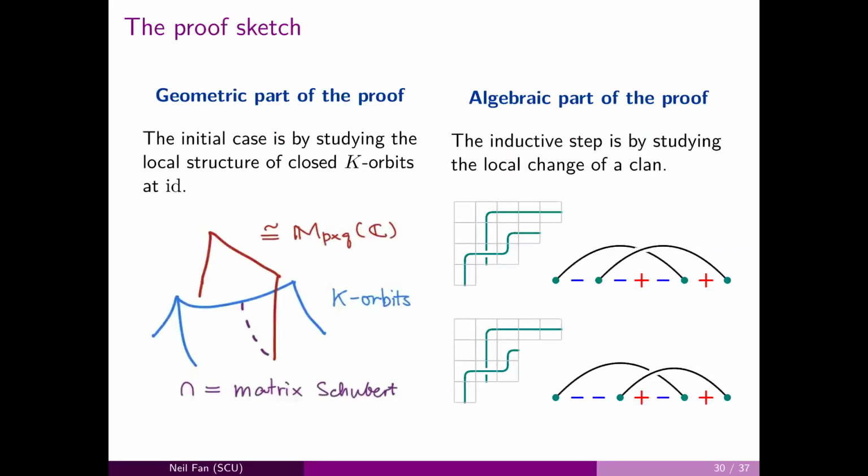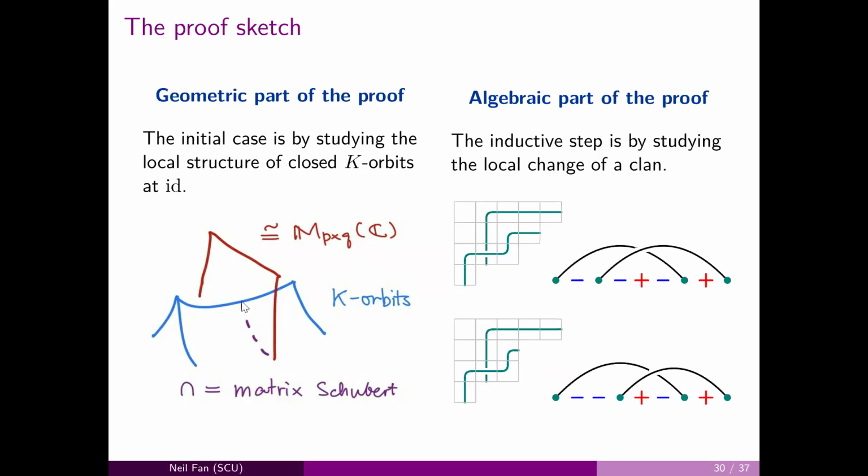So here is the sketch of the proof. The proof is by induction. The initial case is by studying the local structure of the closed K orbits at the identity. And the inductive step is by studying the local change of a Klein. We construct a transversal slice which intersects every orbit transversally.